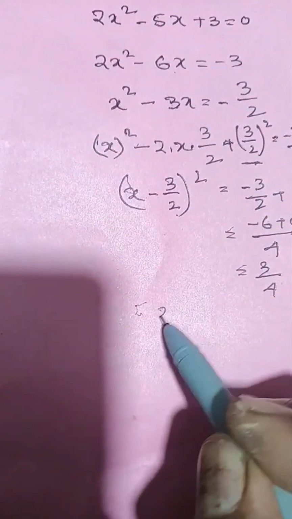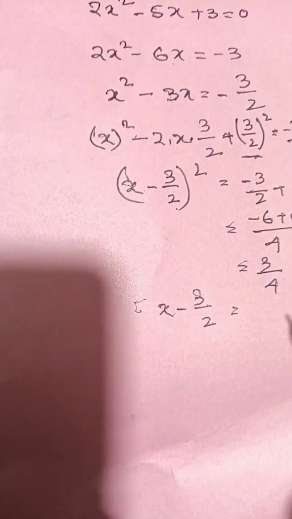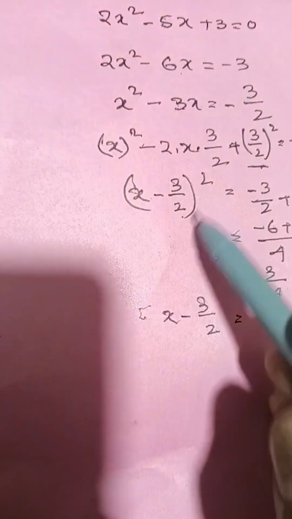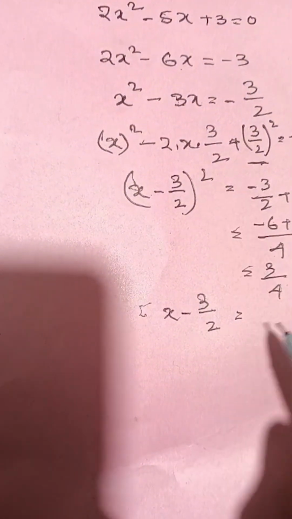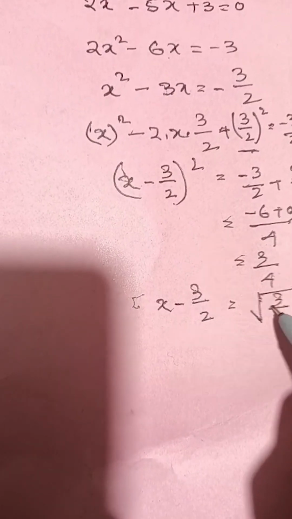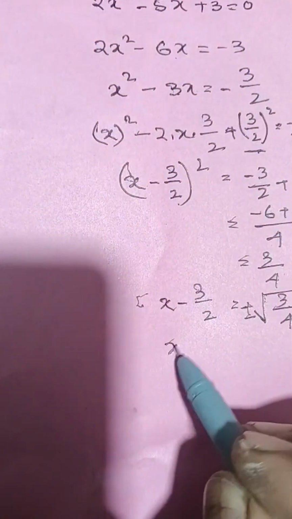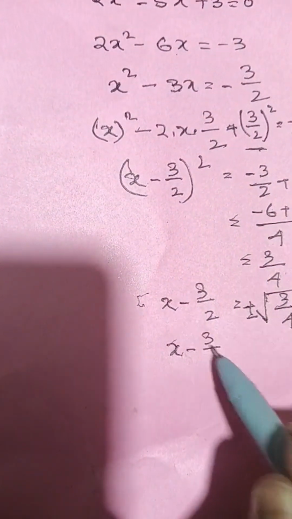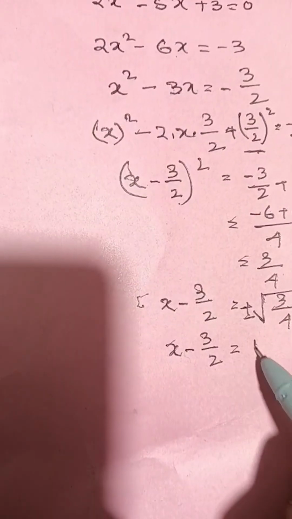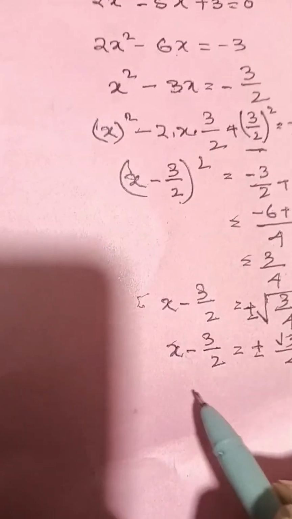Therefore, x minus 3 by 2 is equal to, so you see we have removed the square, so you have to give the root sign here. Here you write root 3 by 4 with plus minus sign. Therefore, x minus 3 by 2 equal to plus minus root 3 by 4.